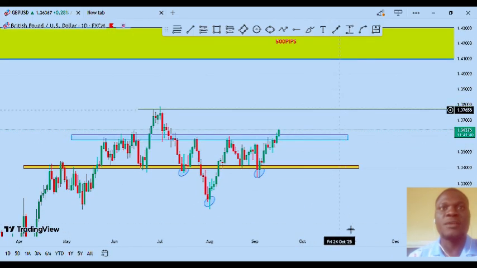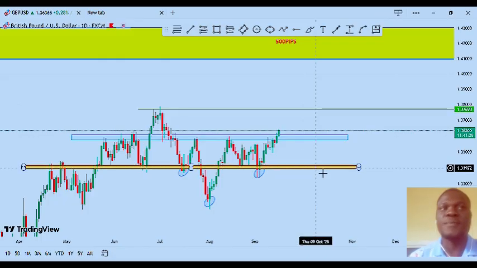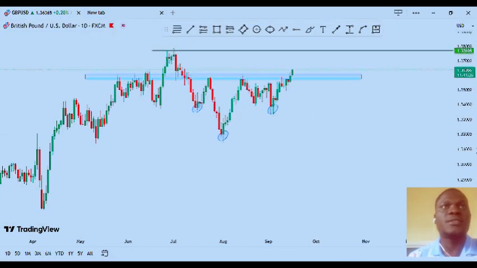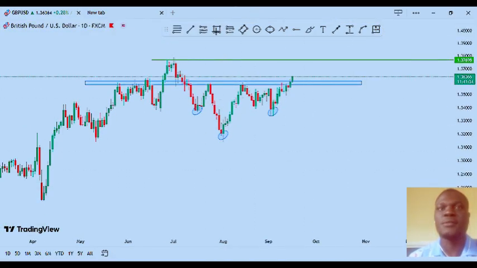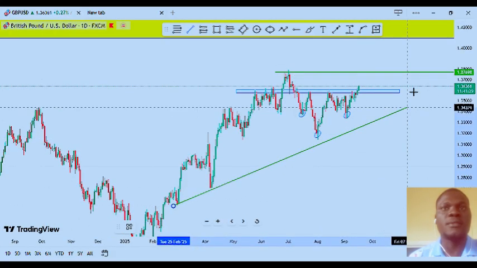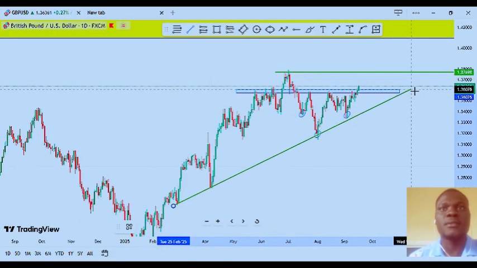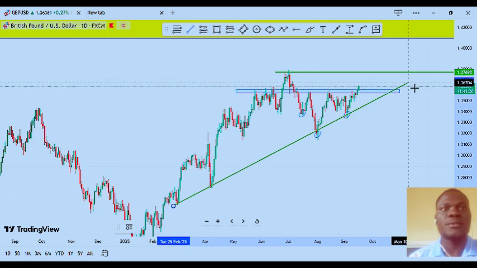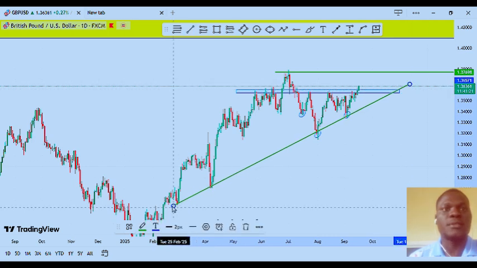The way we also look for an entry on this trade: draw this level here. We need to connect this level to this level. You can get multiple touch. So British pounds is reacting to this trend line.